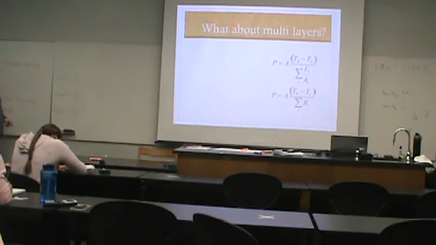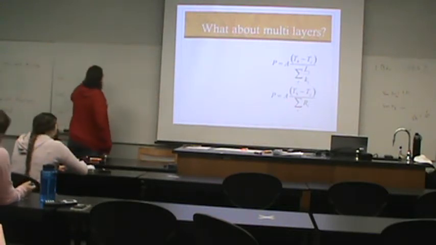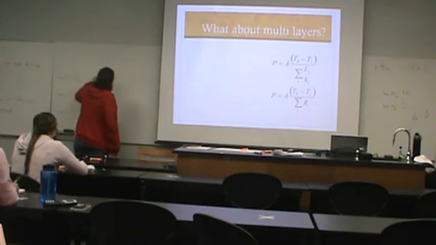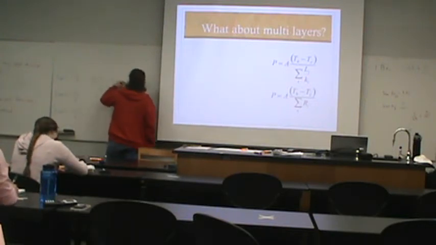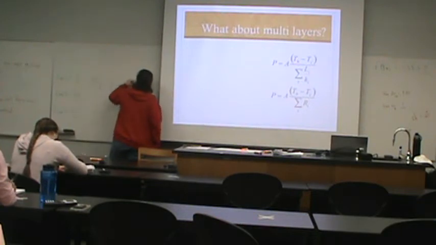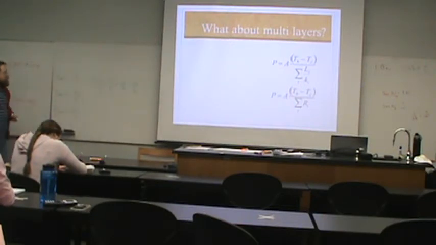So to combine these all into one formula, we're literally just going to add all of these ratios together. So the sigma L over K term simply means you add all of the L over K's together, ad infinitum, and whatever their sum is what goes in the denominator of the fraction.